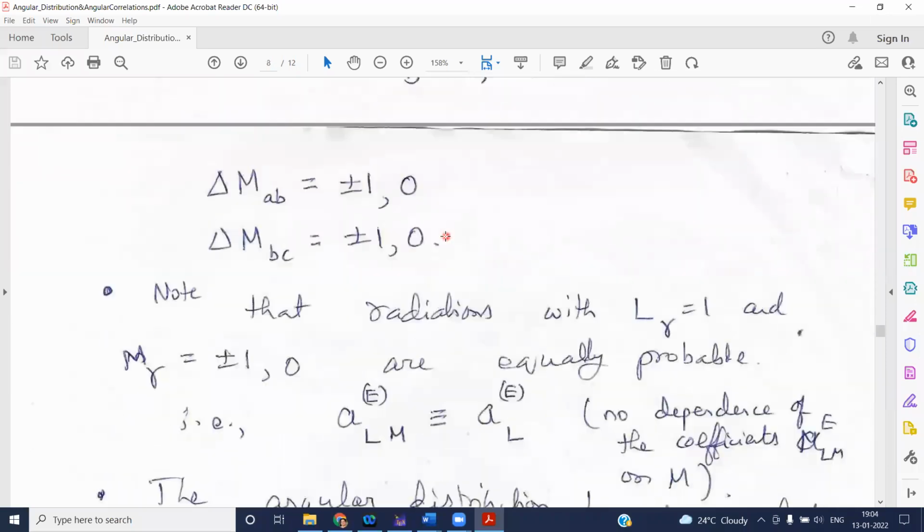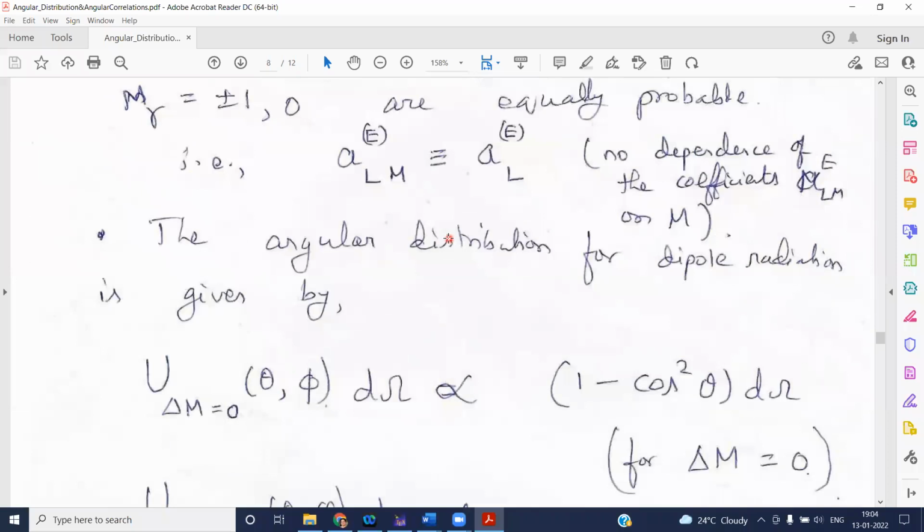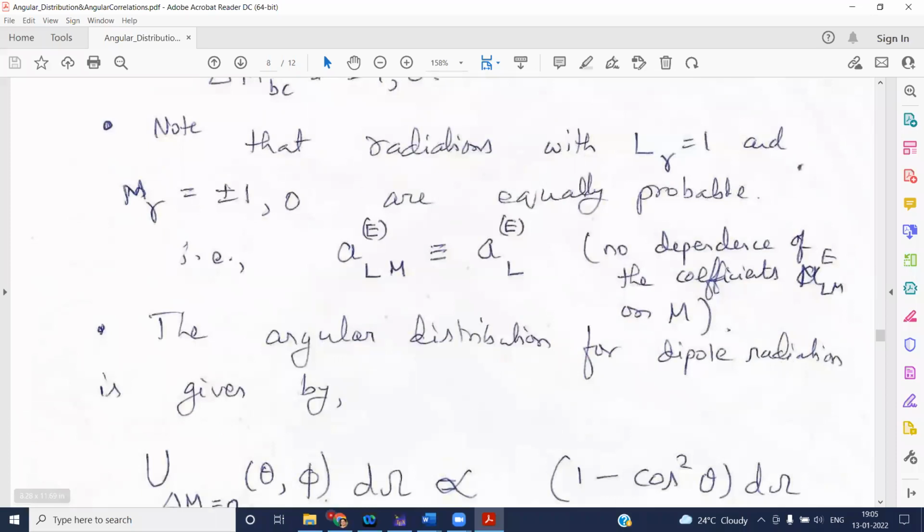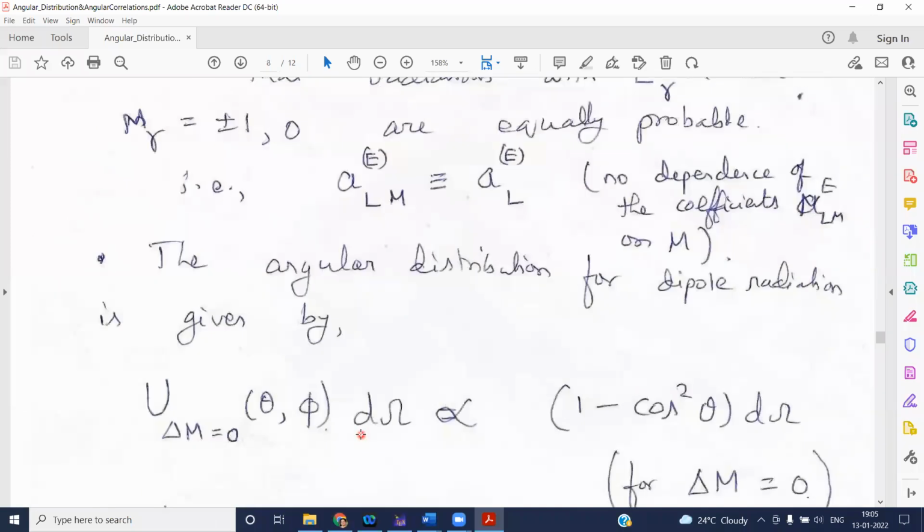Fine. Now I play a trick. What is the trick? I will check. Let us study at least what the angular distribution is for dipole radiation. Dipole radiation we have worked out. If you write L equal to 1 and M, don't fix the value of M, fix the value of M for 1, 0, minus 1. What do I get?